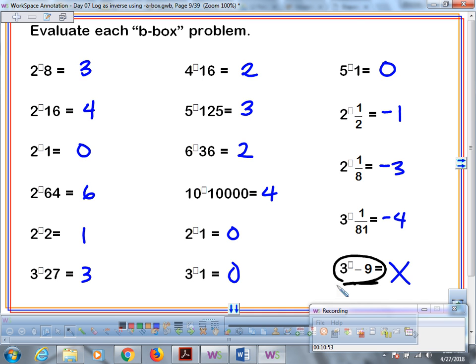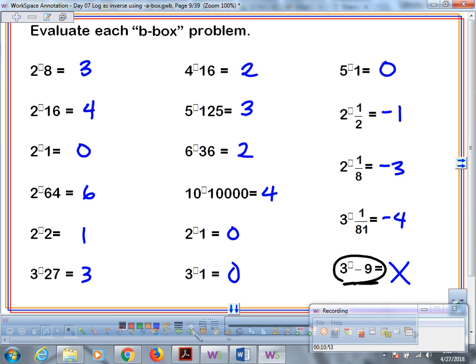Now, if I had a negative base and I took it to an exponent, I could get a negative number, right? So that one doesn't work. Questions on any of them? We're good so far? Ready for me to step it up a little bit?